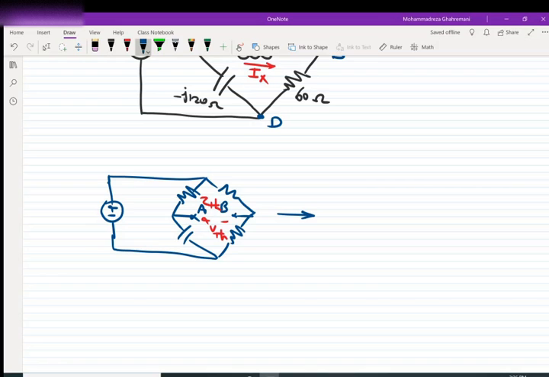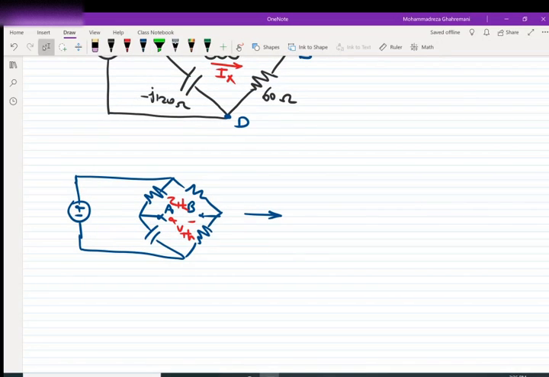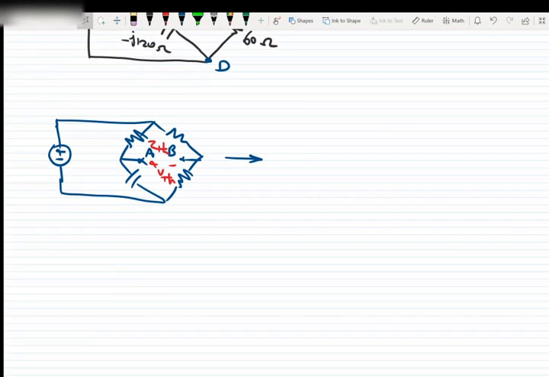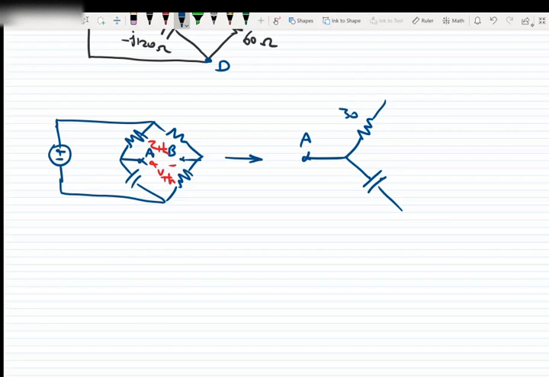So if we redraw this circuit, we will have point A here, which is connected to the 30 ohm resistor, which is connected to negative j120, the 50 ohm resistor, and the 60 ohms resistor.